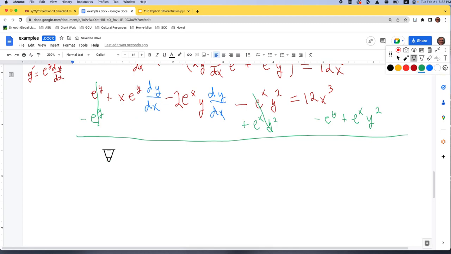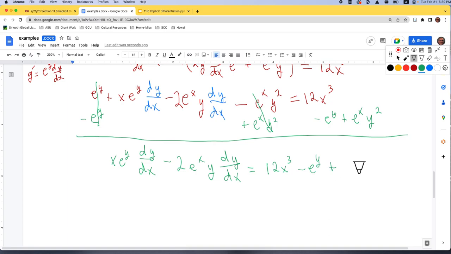Let's see. So then we're going to get on this side just x e to the y dy dx minus 2 e to the x y dy dx equals, I'll just keep it that way, 12x to the third minus e to the y plus e to the x y squared.